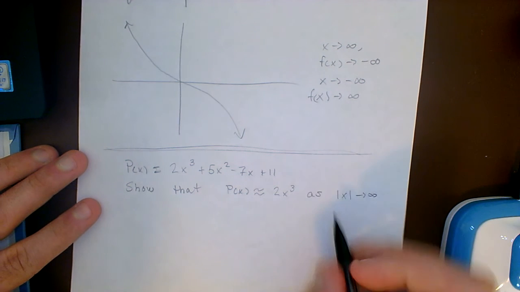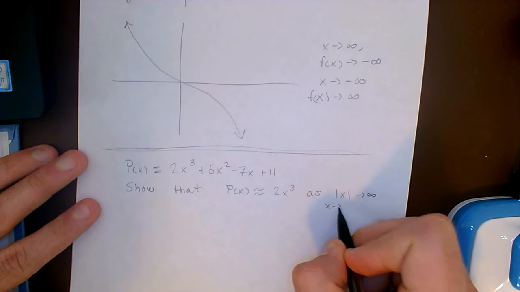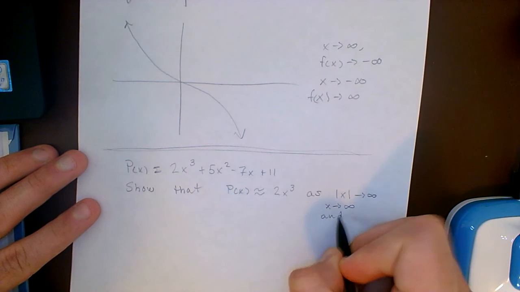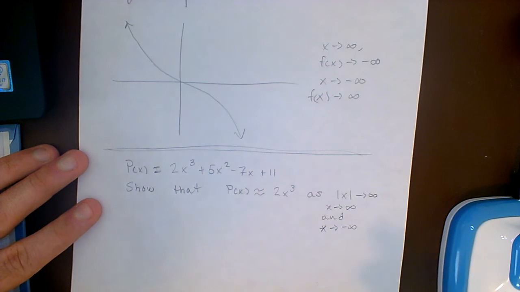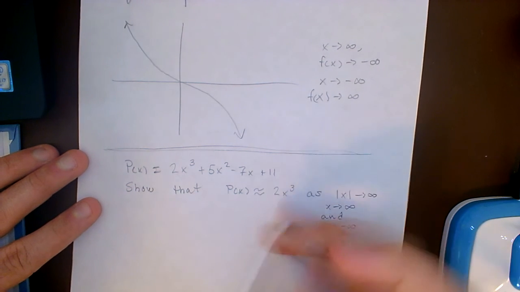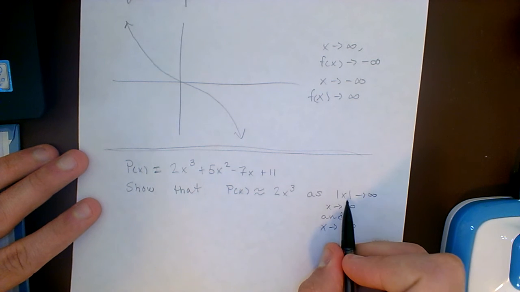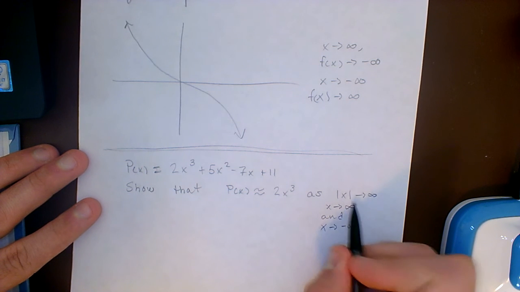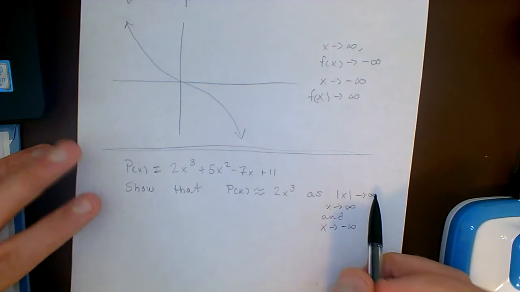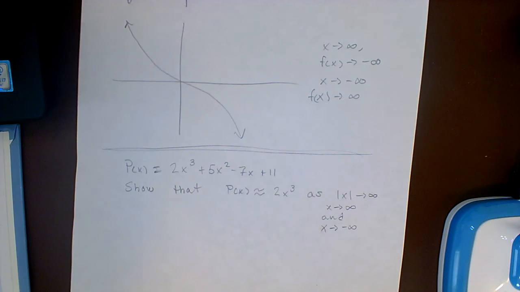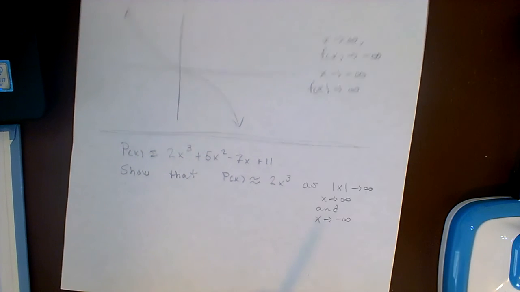So this is another way of saying as x goes to infinity and x goes to negative infinity. Because if x is positive, then it's positive x going to infinity. If x is negative, then it's saying that x would be going to negative infinity. Okay, so just keep that in mind.